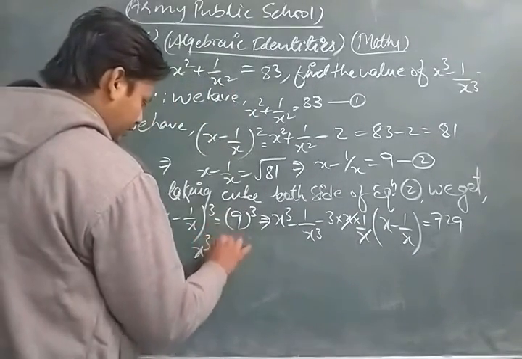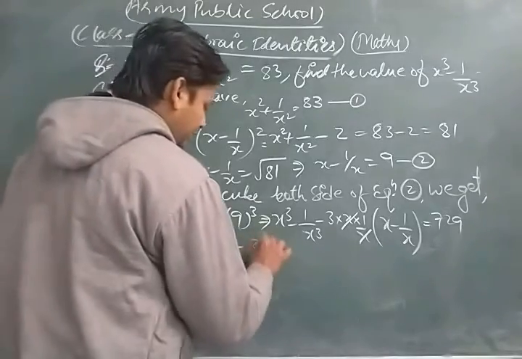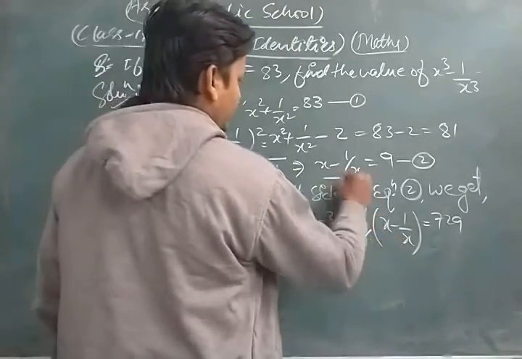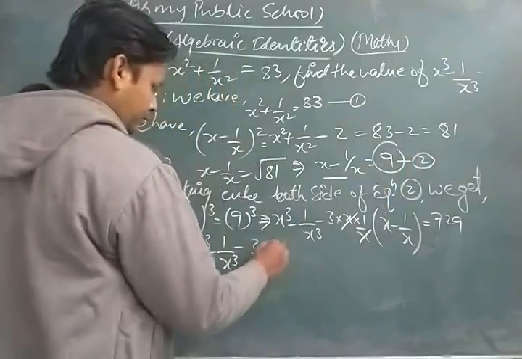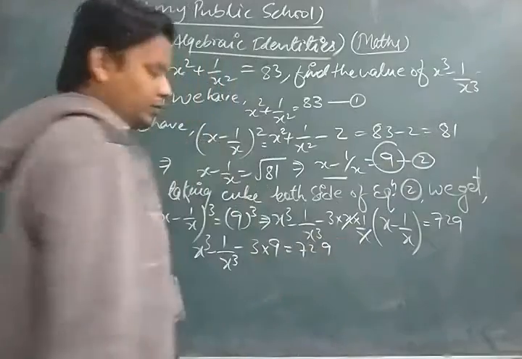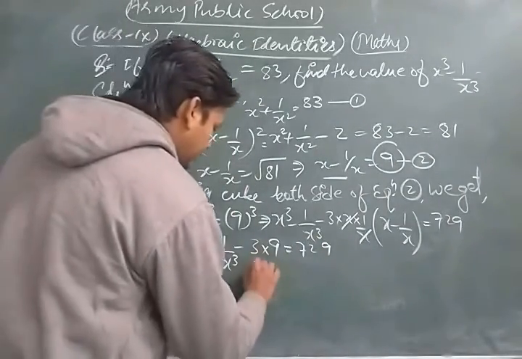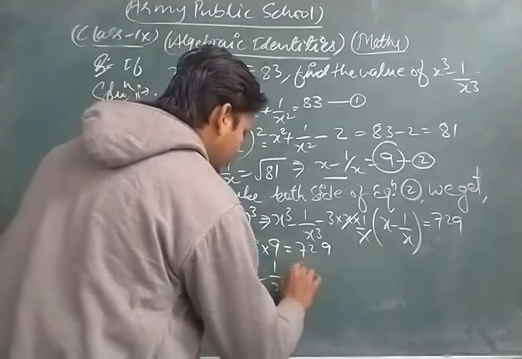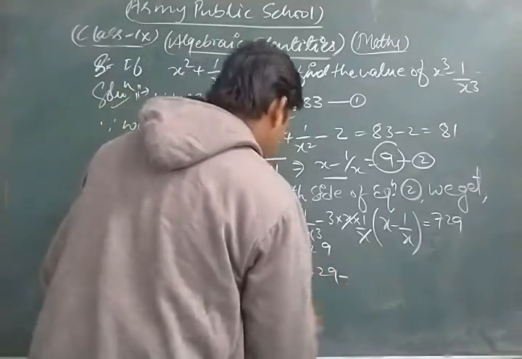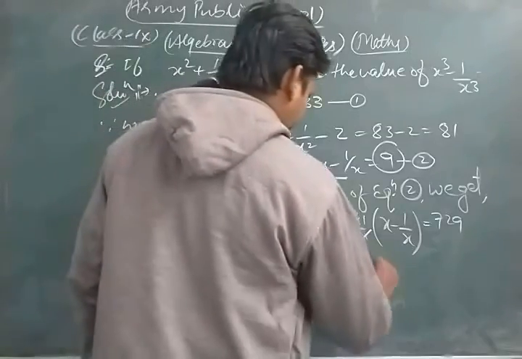Now, x cancels with 1 upon x in the middle term. That gives x cube minus 1 upon x cube minus 3 into the value of x minus 1 upon x, which is 9, equal to 729. Now we get x cube minus 1 upon x cube equal to 729 minus 3 nines, which are 27.